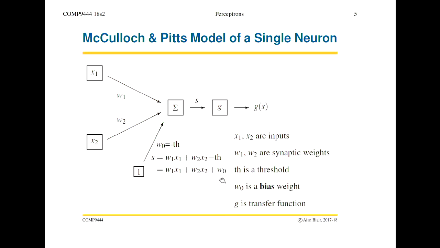Another way to think about this W0: we could imagine that there's a special input whose value is always equal to 1, and then W0 is the weight associated with that input. These are all just different ways of seeing things that are mathematically equivalent. Are there any questions about this?